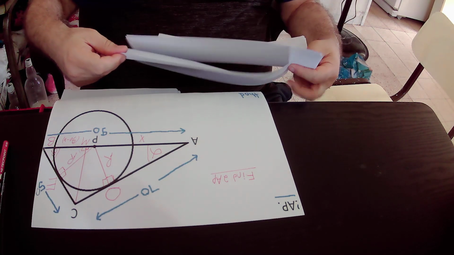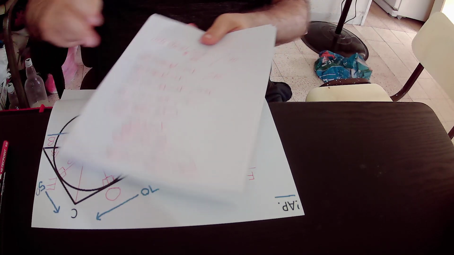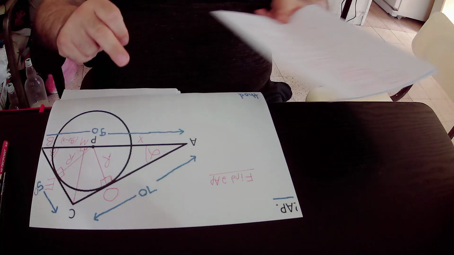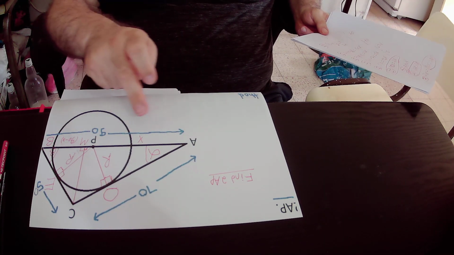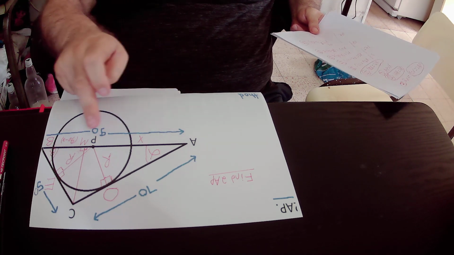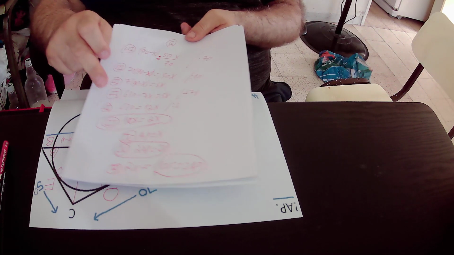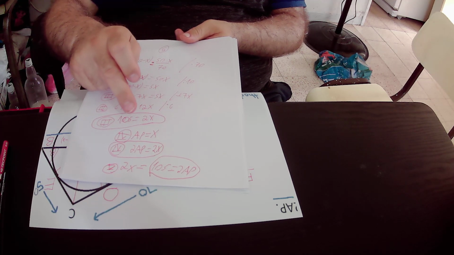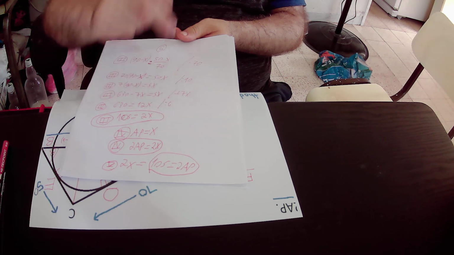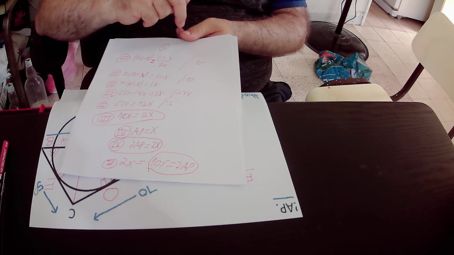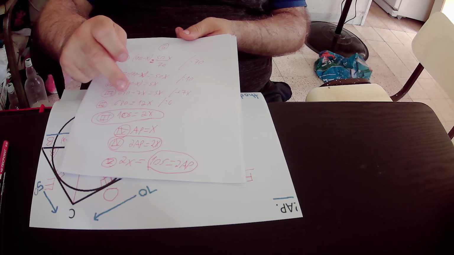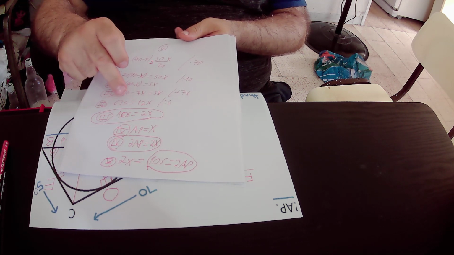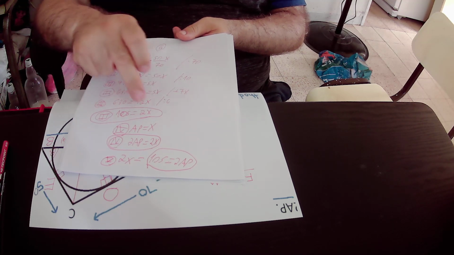So at the end we got that 2 times X equals 105 units from one side, but we defined AP as X. According to our definition, AP equals X. So we created the fourth equation that states that AP equals X. So if AP equals X, then 2 times AP equals 2 times X. So we created then the fifth equation, that 2 times X from the third equation equals 105.